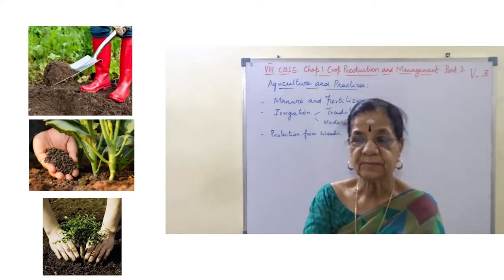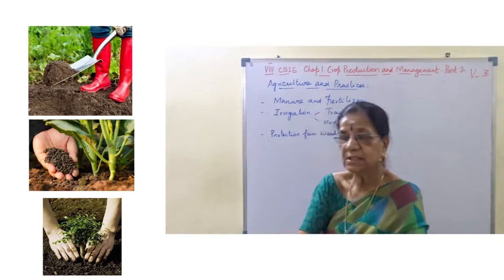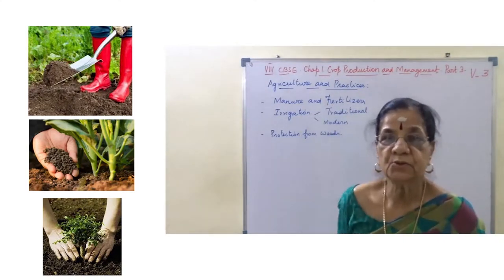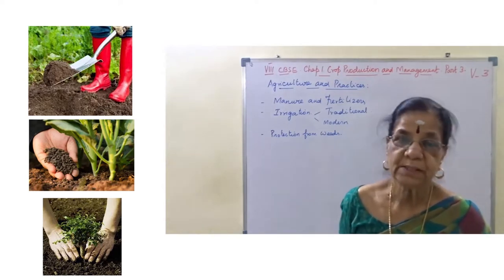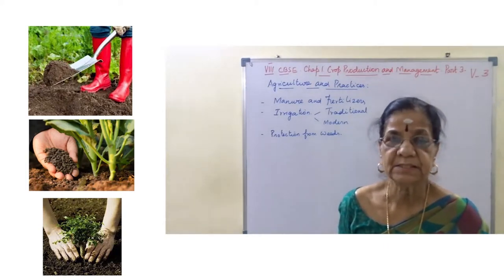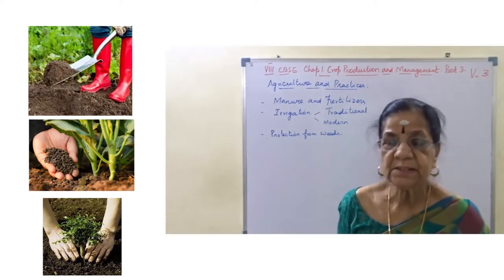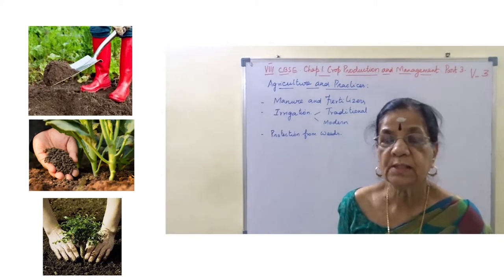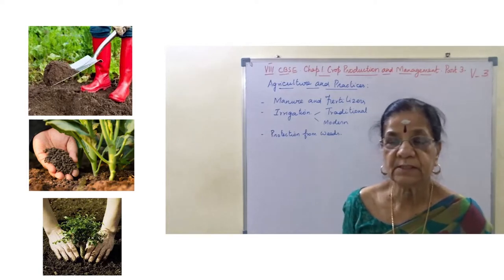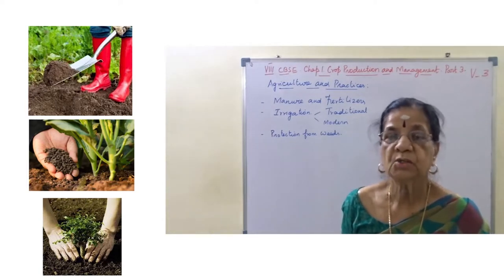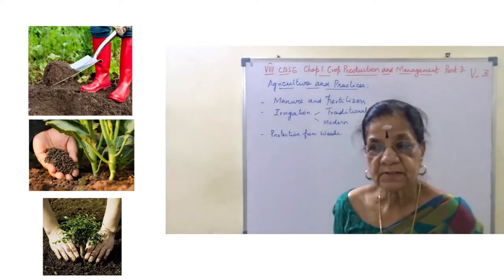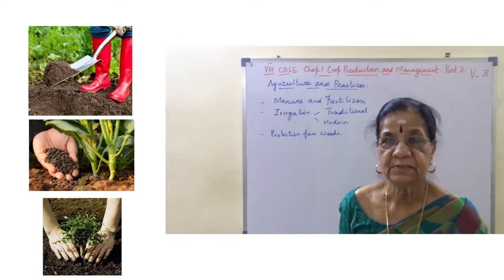As a result of this turning and loosening, the nutrient-rich soil also gets mixed. The agricultural tools used for this preparation of soil, which you have learnt, are the plow or tilling, the hoe and the cultivator, and the tractor driven cultivator.